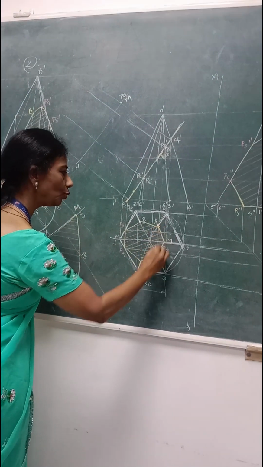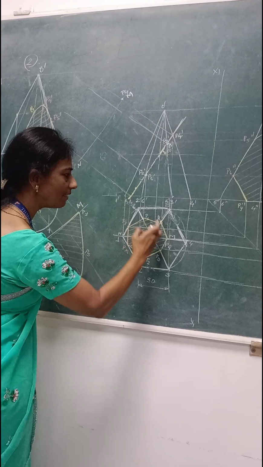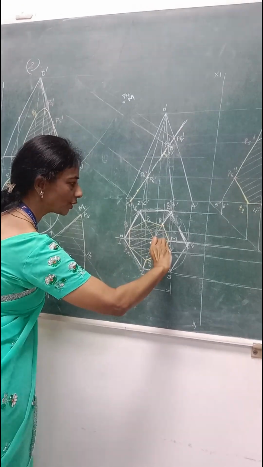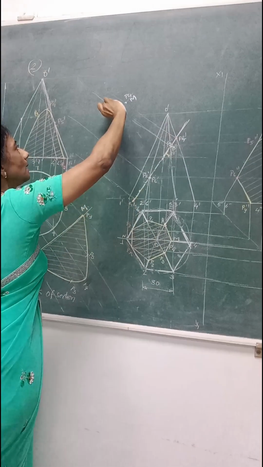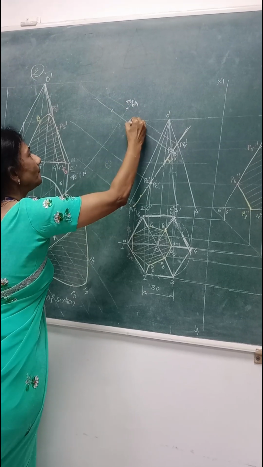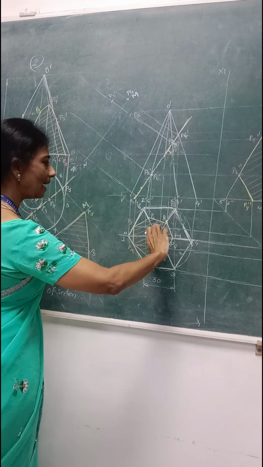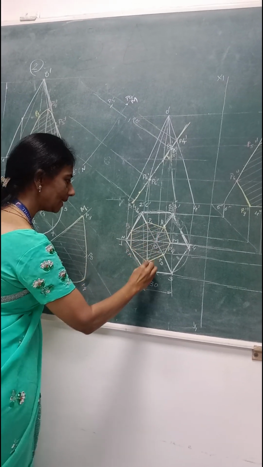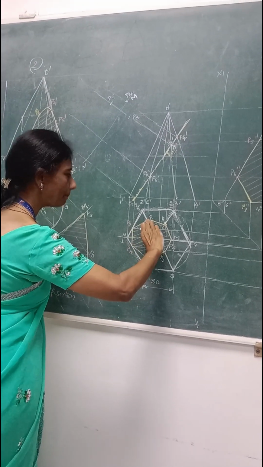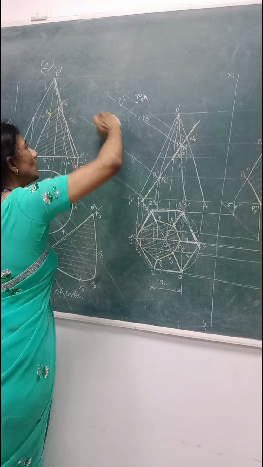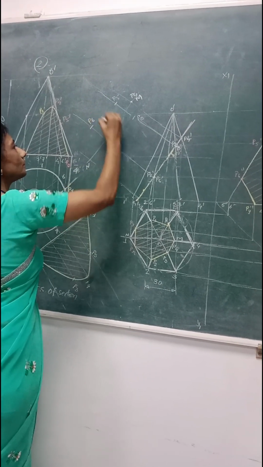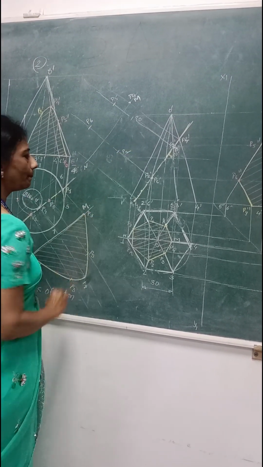What about P2, P5 and P3? I have to measure this distance and cut an arc. So I will be getting P3, P5. Then I will measure this distance. What is that distance? P2 and P6. So measure P2 and P6, cut an arc and mark the points P2, P6.